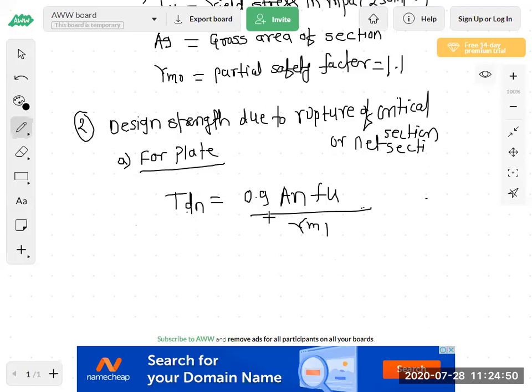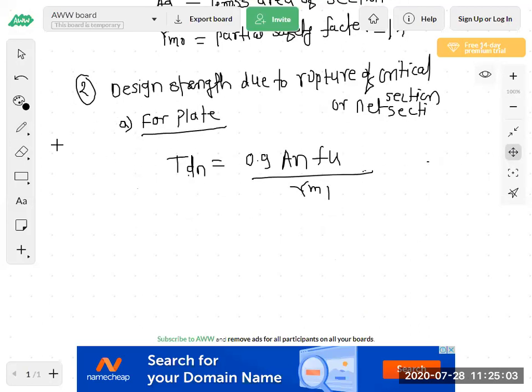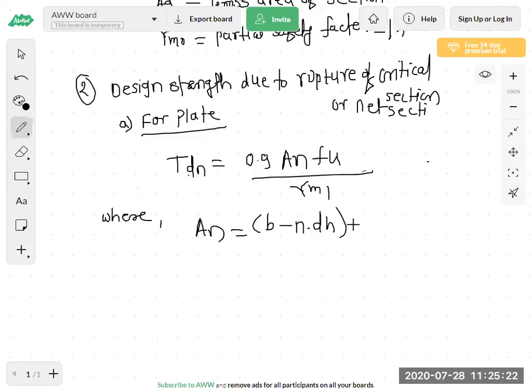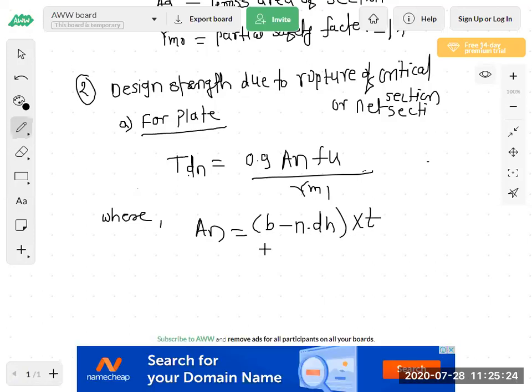So for plate 0.9 AN FU divided by gamma M1. So here unknown is AN. So how to calculate AN? Where AN is equal to B minus N DH into T.